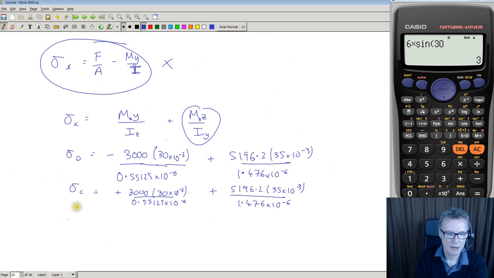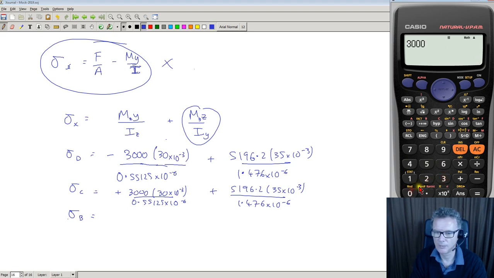Okay, and now for B. Let's work these numbers out, so I don't have to keep writing them down. It's going to be the same. So how large is that?